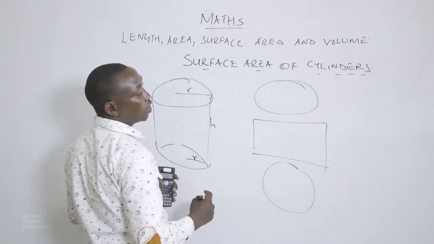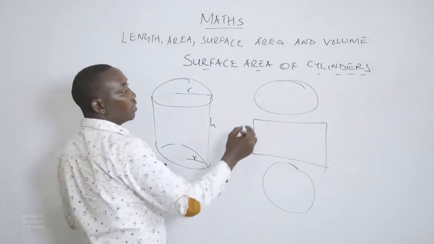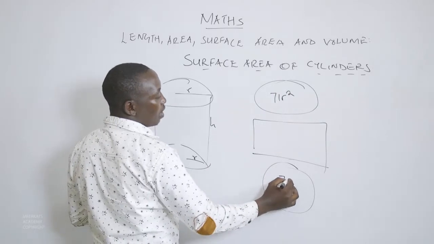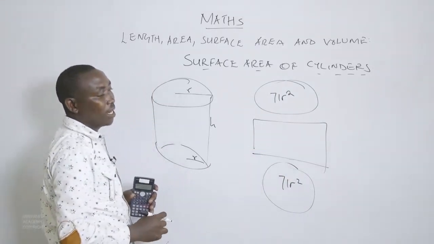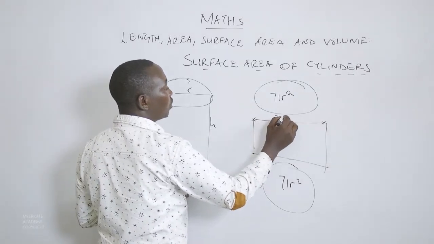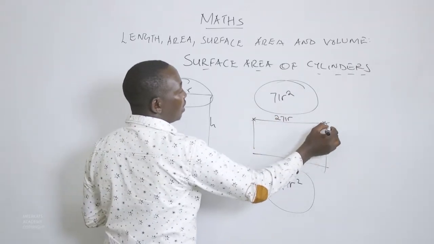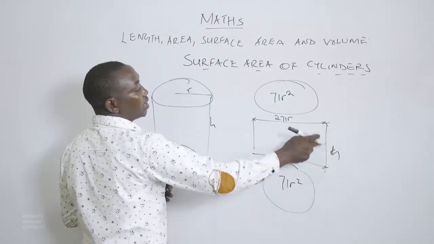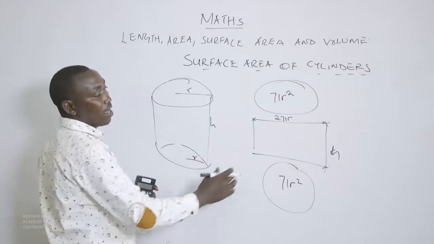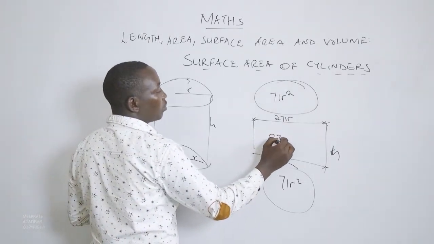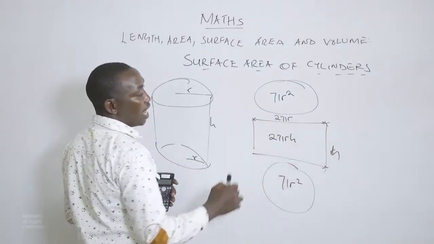We have the bottom and the top radiuses. The area of the top circle is pi r squared, and of the bottom circle it is pi r squared. The distance from here up to here will be 2 pi r, and this one remains to be h. So for the surface area of this rectangular part, you multiply 2 pi r by h.